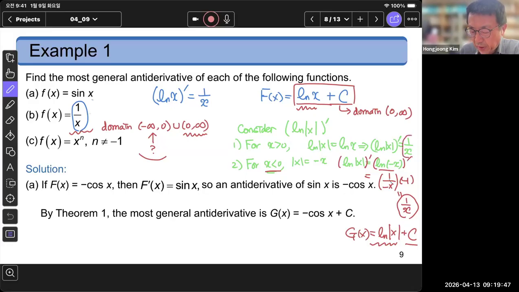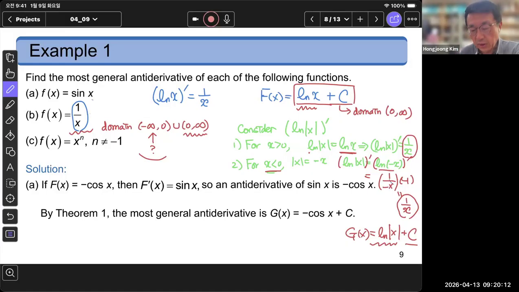Log x is one of the antiderivatives for positive x, so I need to add a certain constant to that antiderivative to get the general antiderivative.